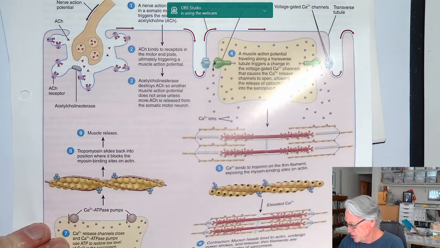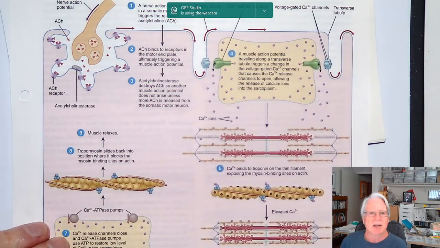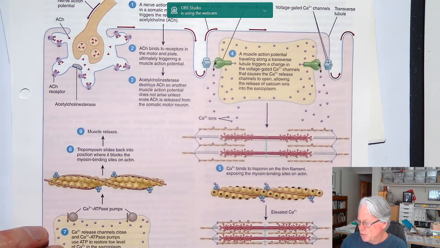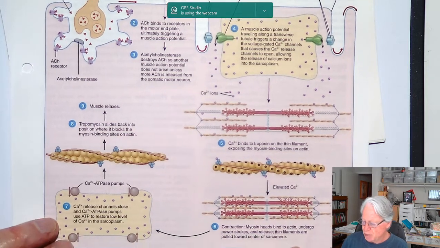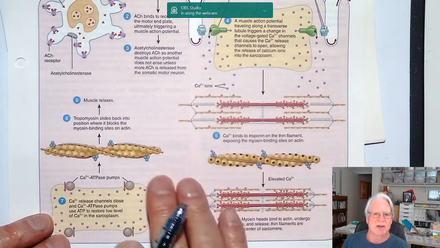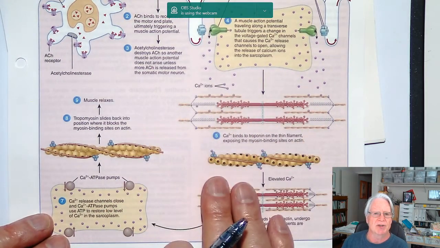So the next lecture, we're going to talk about how we produce tension in a muscle. And what I mean by that is how do we determine how much force is going to be applied by a particular muscle to do a particular job? Because what we've described in this process is an all or nothing situation.